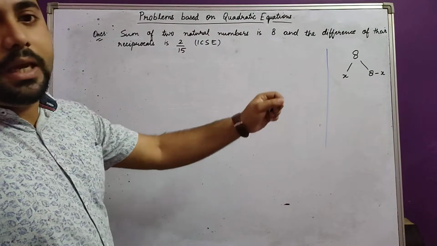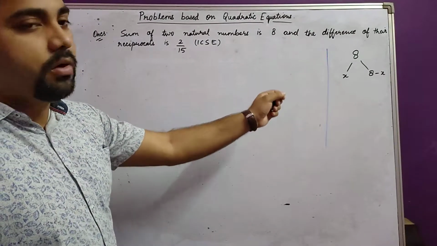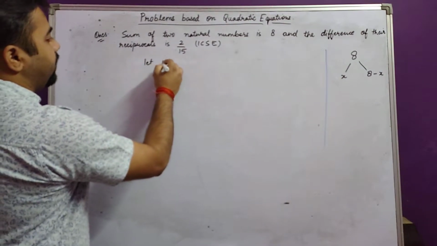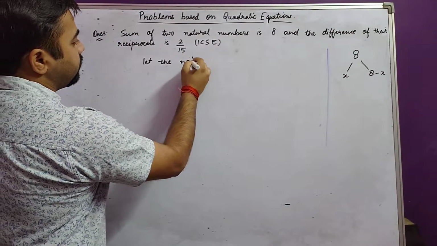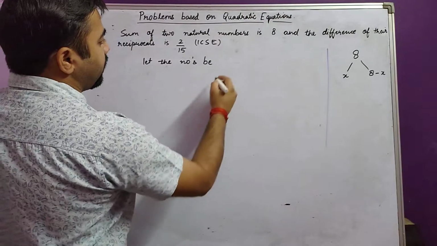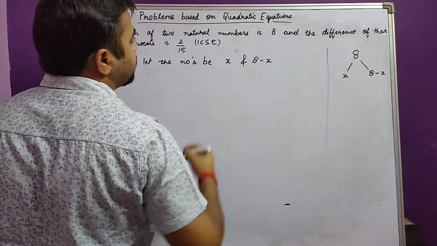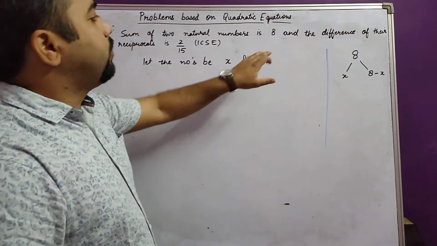Let the numbers be x and 8 minus x. Till here we have done our question.